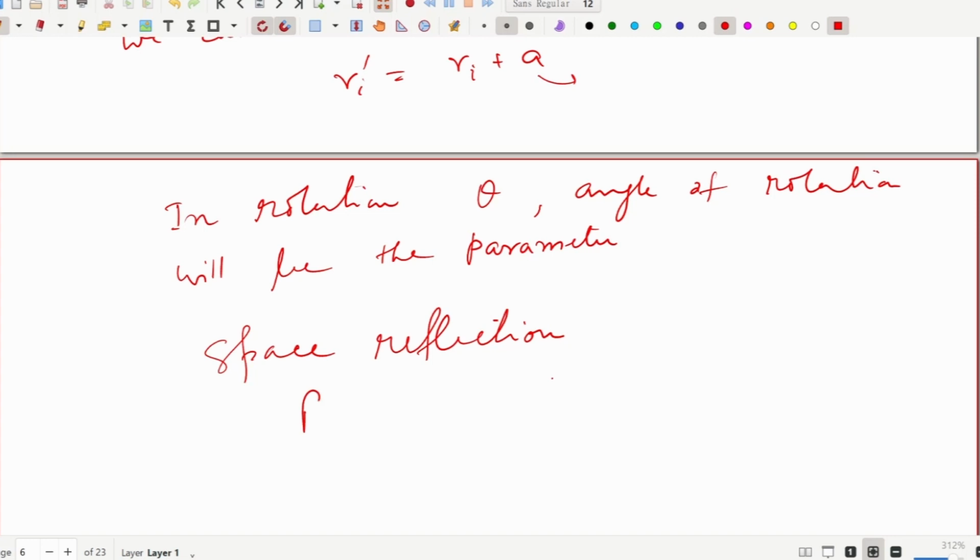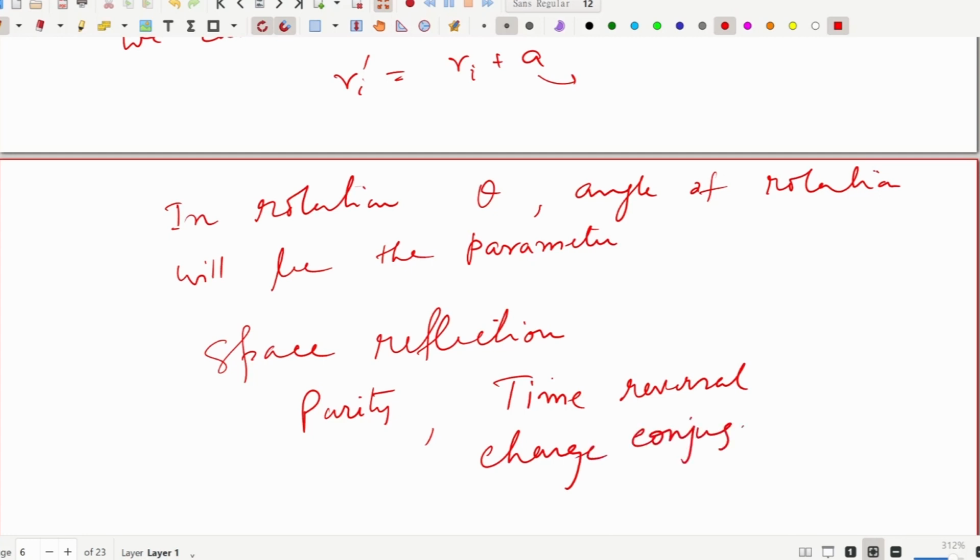Similarly, parity, time reversal, or charge conjugation are examples of discrete symmetry.